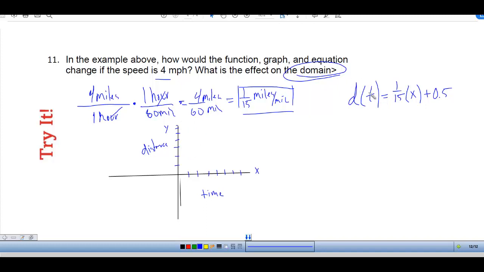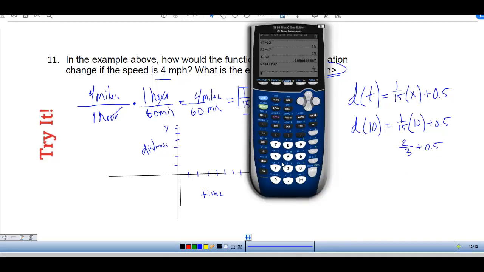So let's go ahead and see when we evaluate this, d of t, and t is still 10 from the same example, but now we're going at a rate of 1/15 a mile a minute instead of a tenth. So when I take that 1/15, I get 10 over 15, so I get 2/3. And 2/3 is 0.66, and I'll get 0.66 plus the 0.5.